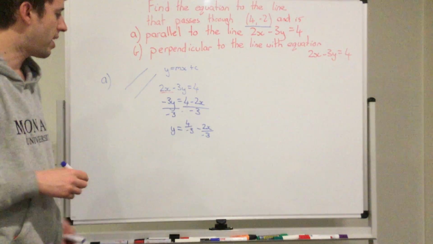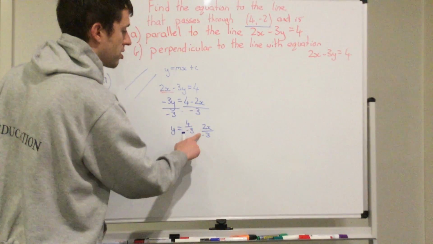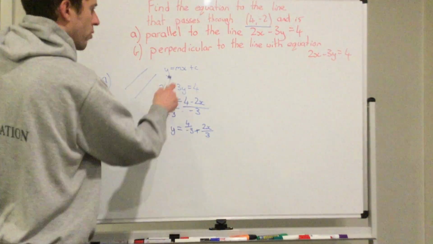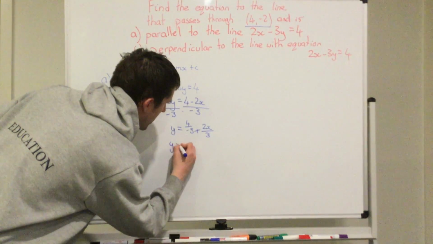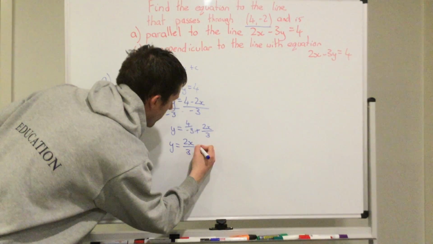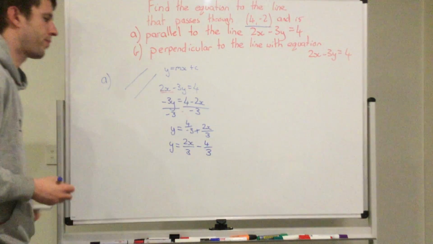So I can simplify that. Now just remember a negative divided by a negative is a positive, so I can change that to a positive. I want to reorder it to make it into y equals mx plus c. So y equals 2x divided by 3 take 4 over 3.